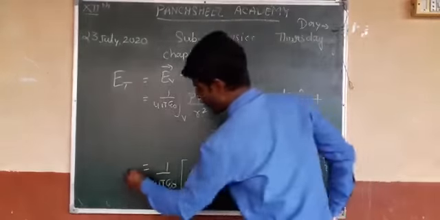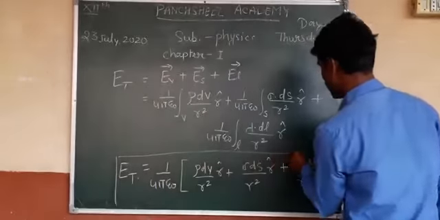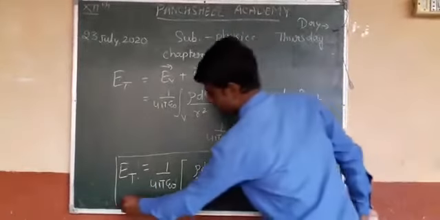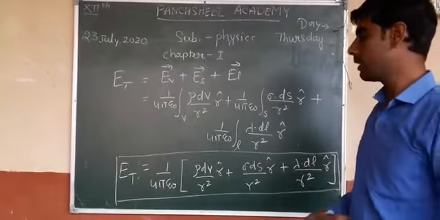This is the total electric field due to continuous charge distribution of various types: volume, areal and linear.